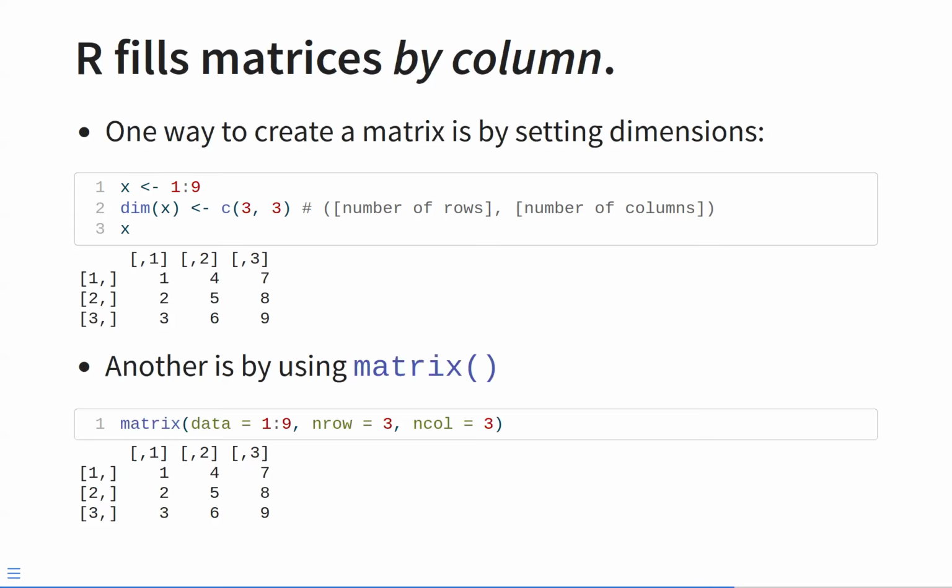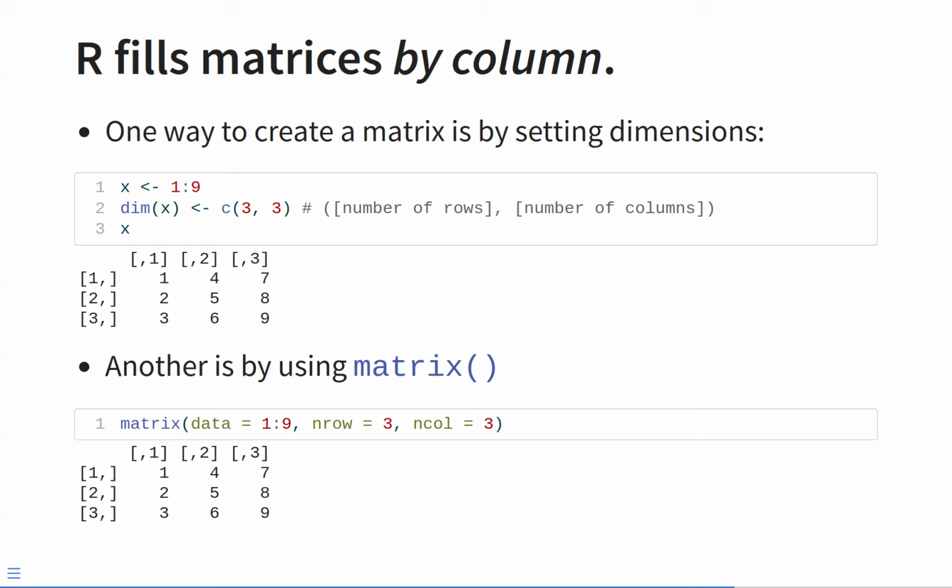And as I mentioned before, R fills matrices by column. So what does this mean? We saw that one way to create a matrix is by setting dimensions. So now if we take X is 1 to 9, and we set the dimensions to be 3 by 3, 3 rows and 3 columns, R will fill out a matrix column by column as 1, 2, 3, 4, 5, 6, 7, 8, 9.